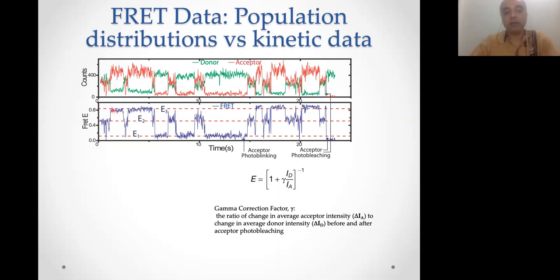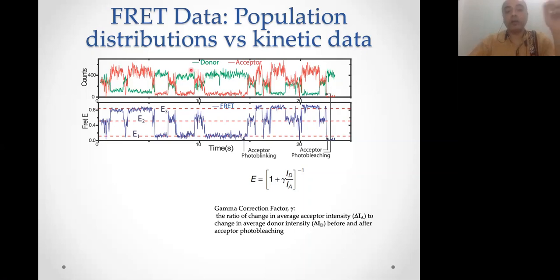This high efficiency state where the dyes are close together, most of the signal shows up in the acceptor molecule. There's an intermediate state where both of them have roughly half and half energy, so the transfer efficiency is about 50%. And then there's this low state where most of the fluorescence is being emitted from the donor molecule.